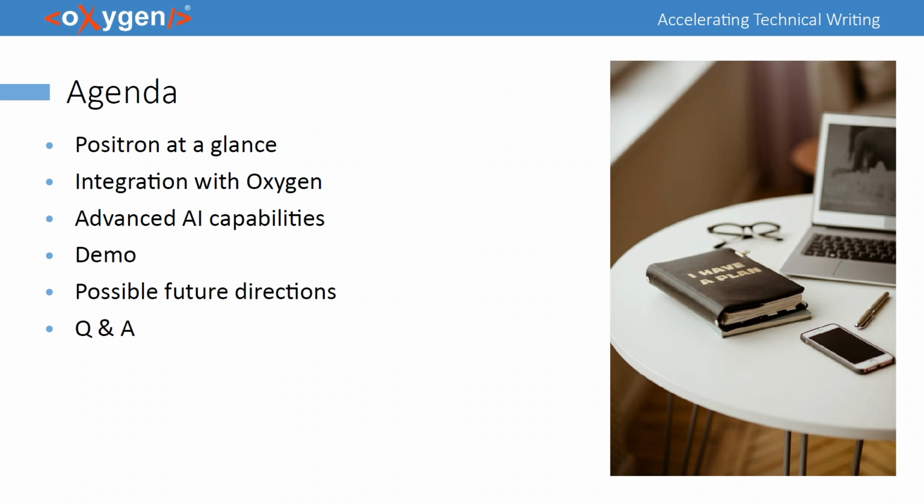Then we will spend most of our time in the demo. Towards the end of my presentation, I also want to mention some possible future directions. And if we have time, and I think we do have some time, I can try to answer a few questions. And if you have more questions, you can always come by to our stand.